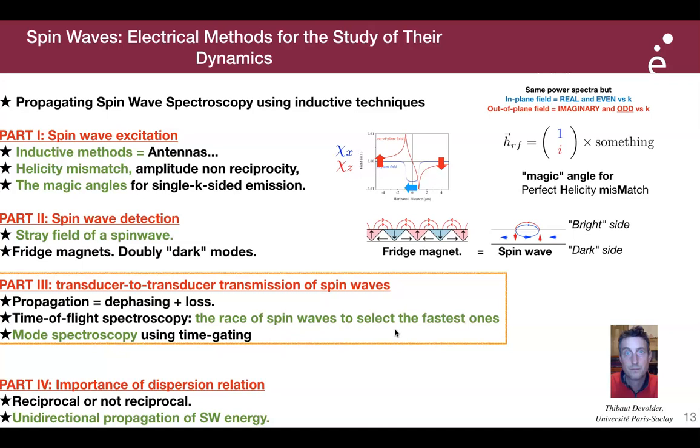And we come back now to propagating spin wave spectroscopy, where not only we want to excite and detect the spin waves, but we also want to know how propagation affects these spin waves.